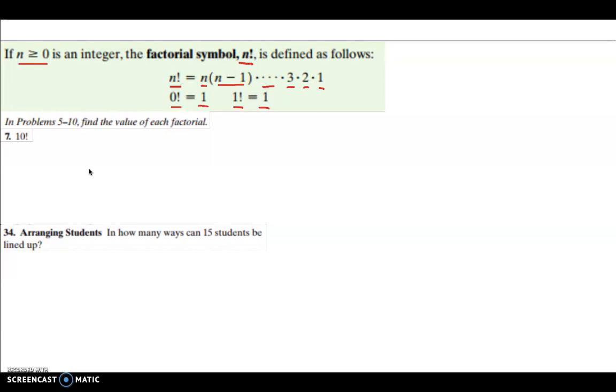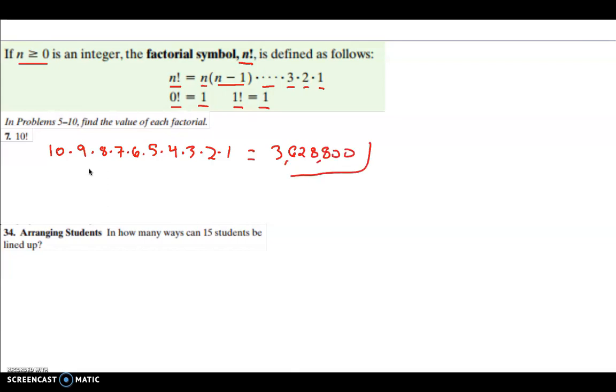Okay, so we want to find the value of 10 factorial. This would be 10 times 9 times 8 times 7 times 6 times 5 times 4 times 3 times 2 times 1. Massive. And that will be 3,628,800.